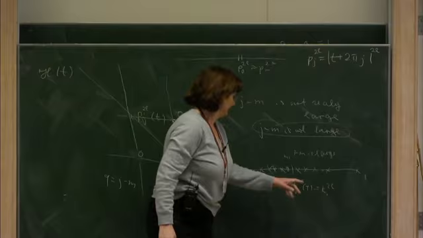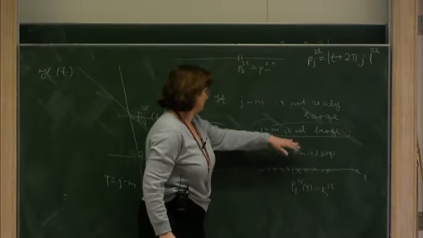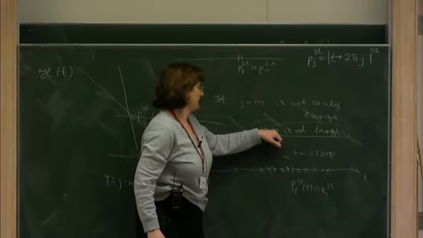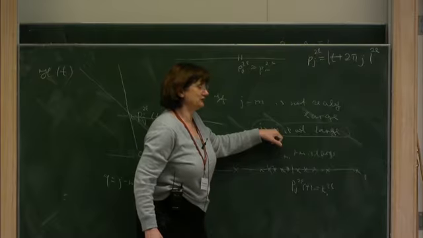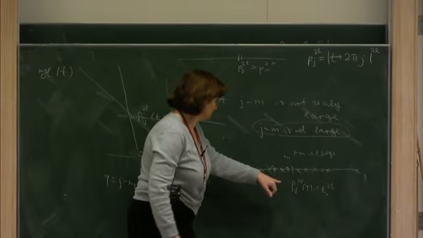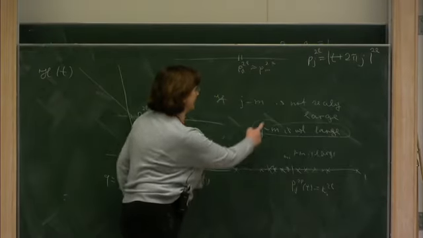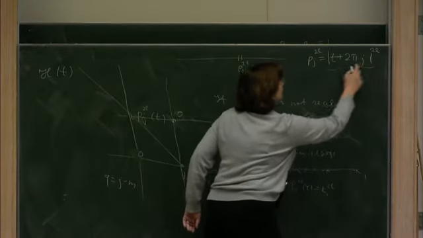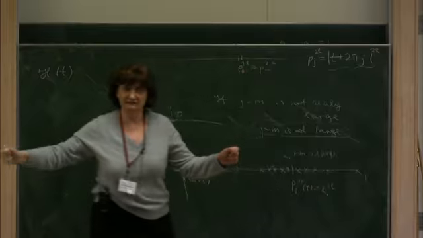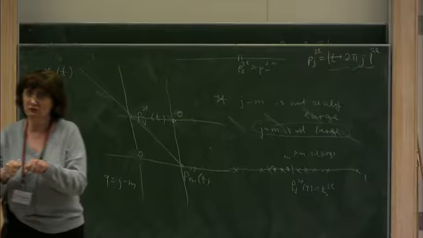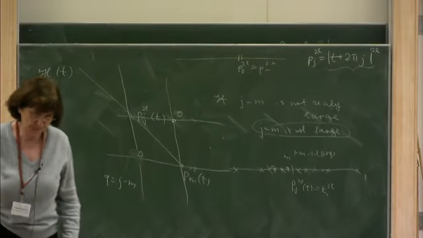So we say that if the difference j minus m is small and the interaction is large, we want the corresponding numbers like this to be far away. And when they are close, we want the interaction to be weak.